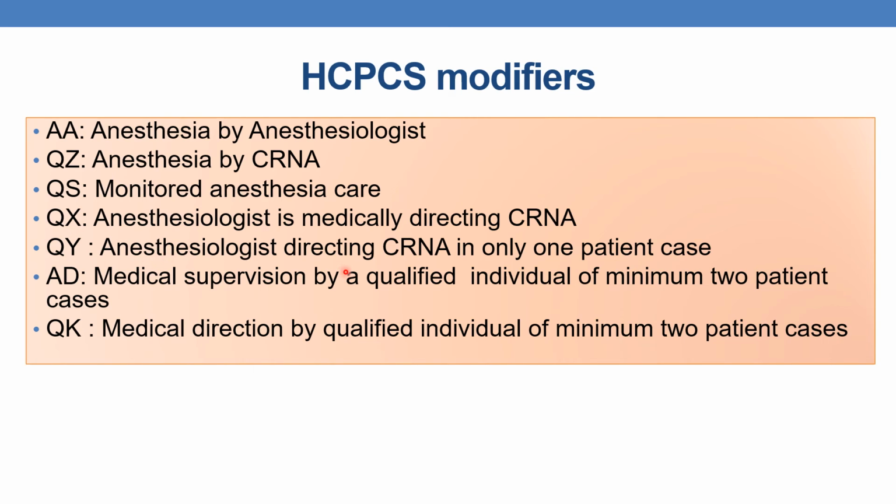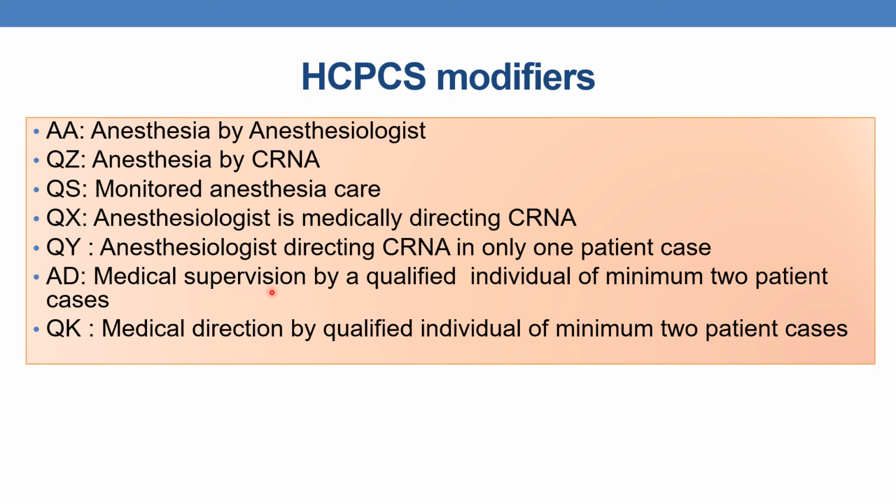Next is QY. Here the anesthesiologist is directing CRNA in only one patient case. You give QY modifier. AD, coming to AD modifier, medical supervision by qualified individual of minimum 2 patient cases.